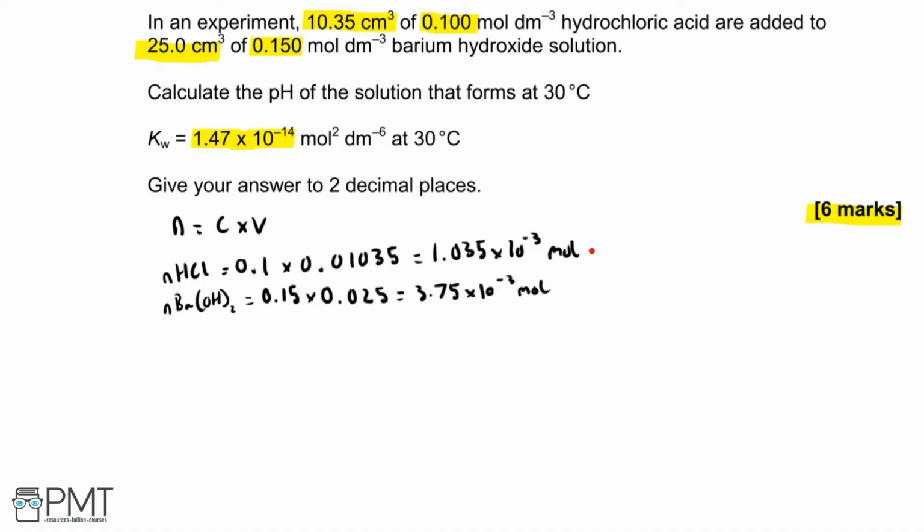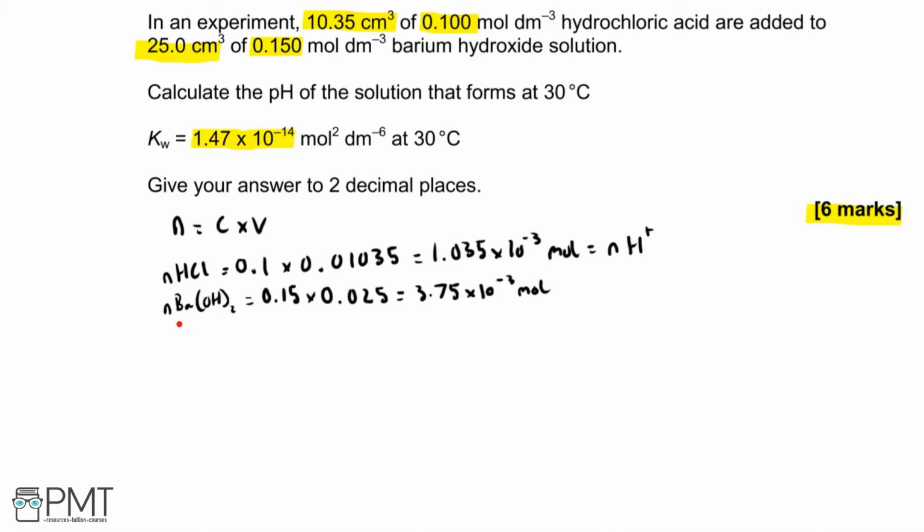However, we aren't quite done working out the moles we need for the reaction yet. And that's because hydrochloric acid is a monoprotic acid, so we're only going to get one hydrogen ion out of this. So these moles here are equivalent to the moles of our hydrogen ions.